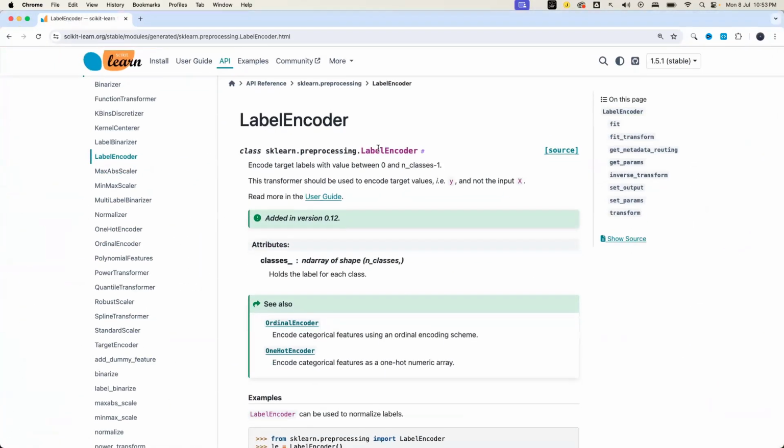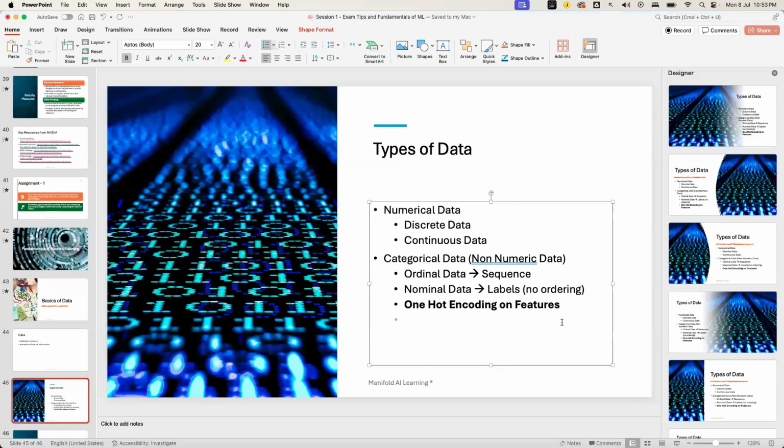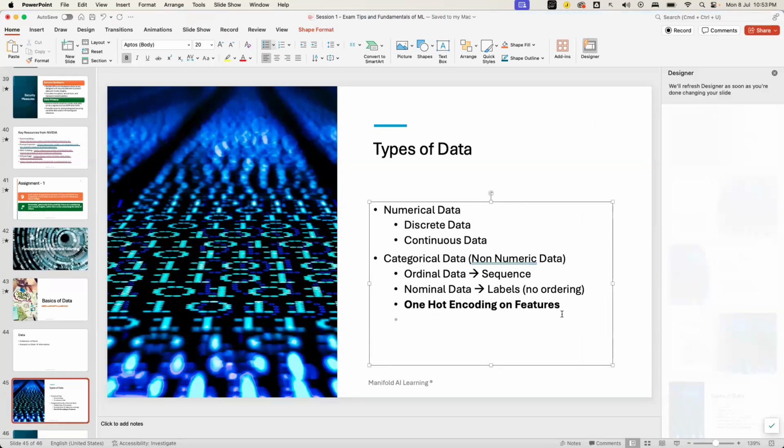But if you take a look at this label encoder, it clearly specifies we use this on the target variable, that is y. So if I'm dealing with ordinal data and it is part of the output, then apply the label encoder.